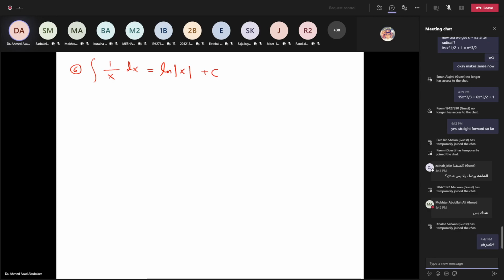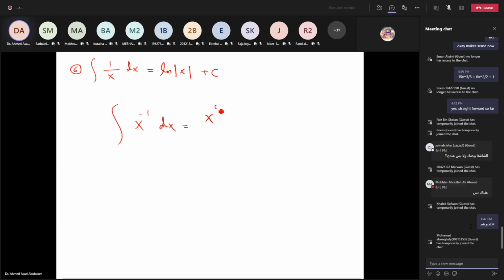The derivative of ln x is 1 over x. The integral of 1 over x is ln x. We cannot find it by the rules. The integral of 1 over x is x to the power negative 1. If we use the rule to add 1, we get x to the power 0 over 0. So this is a big problem, divide by 0. So how can we find the integral of 1 over x? This is ln x.